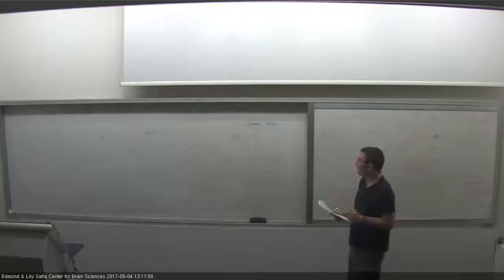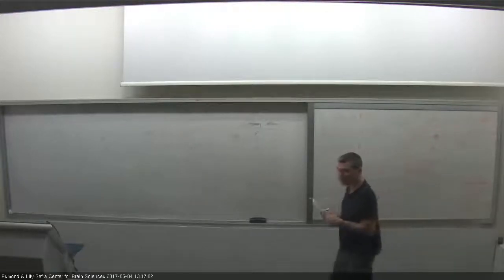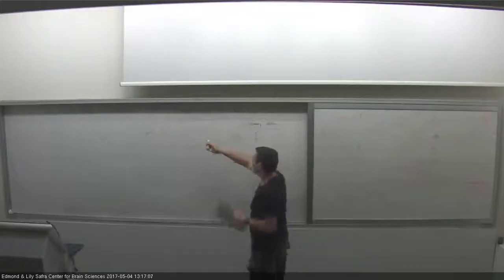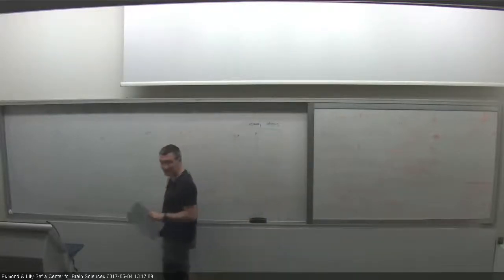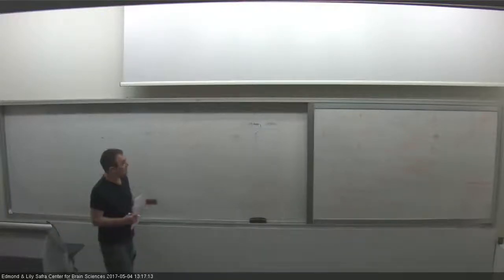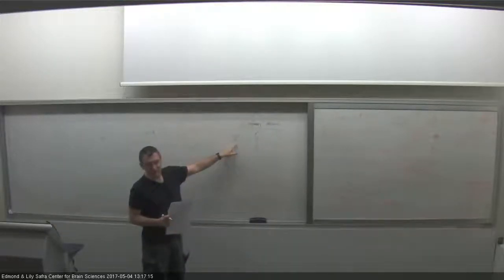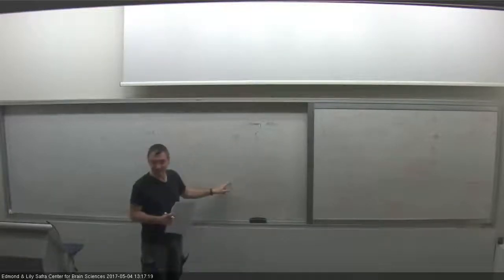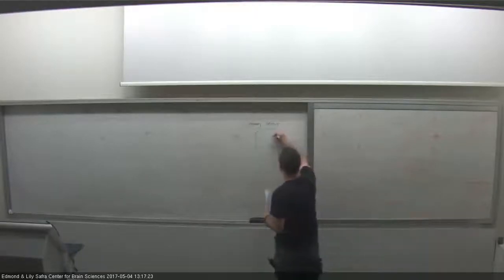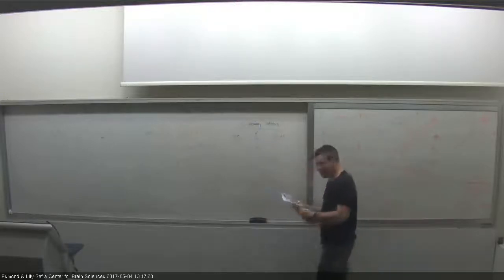Is P related to S? So far, it's not. S i corresponds to the state of neuron i at a particular point in time. P is a vector which assigns a pattern of activity to each neuron, and we will consider P i mu to be plus or minus 1.